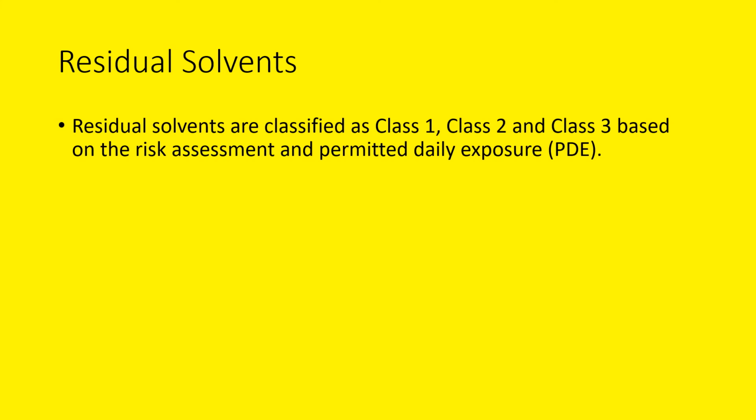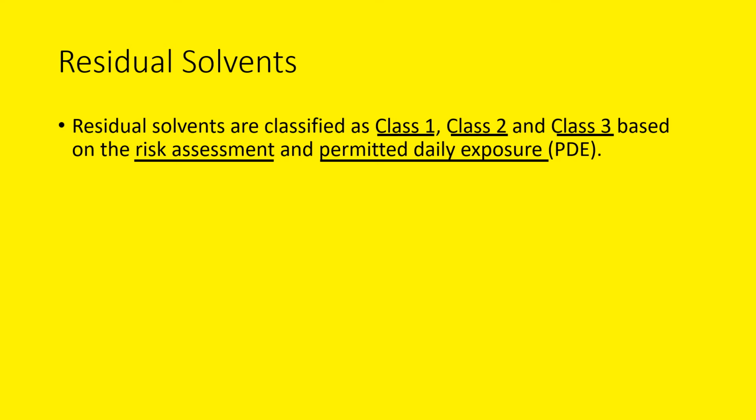Residual solvents are classified as Class 1, Class 2 and Class 3 based on risk assessment and permitted daily exposure. The list of solvents is classified into these three classes. The limits are assigned based on the permitted daily exposure. This is done by a detailed risk assessment report.